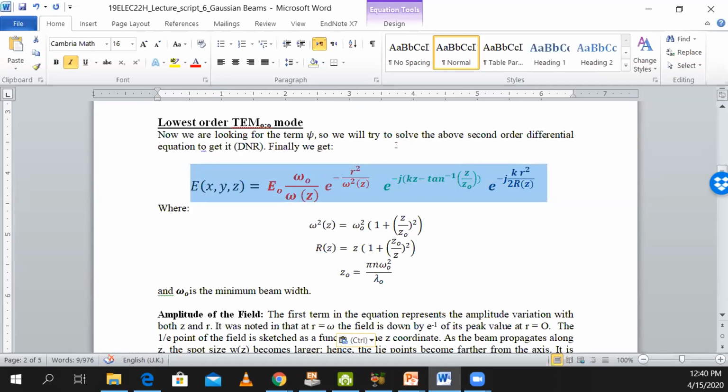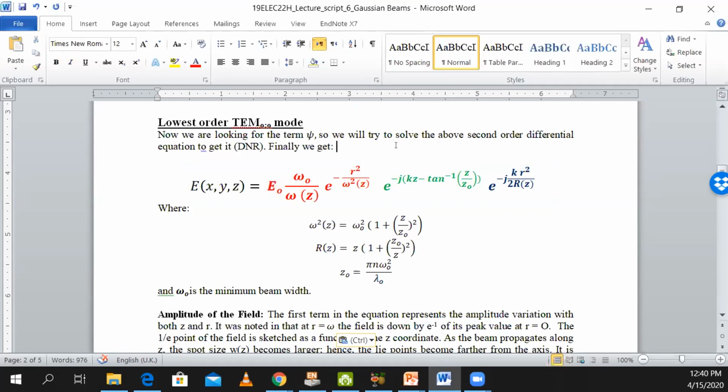But let us first start to divide this equation into portions. I already did this by coloring each part with a different color, but now we are going to divide the equation into portions and understand each portion individually.